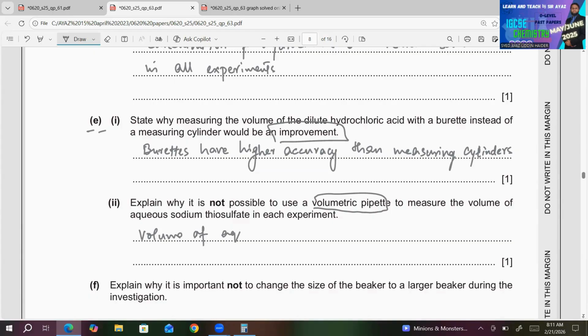So write: volume of aqueous sodium thiosulfate is not constant or fixed.